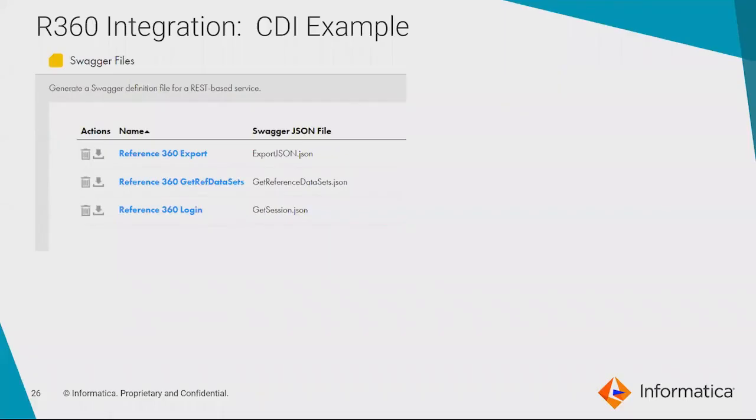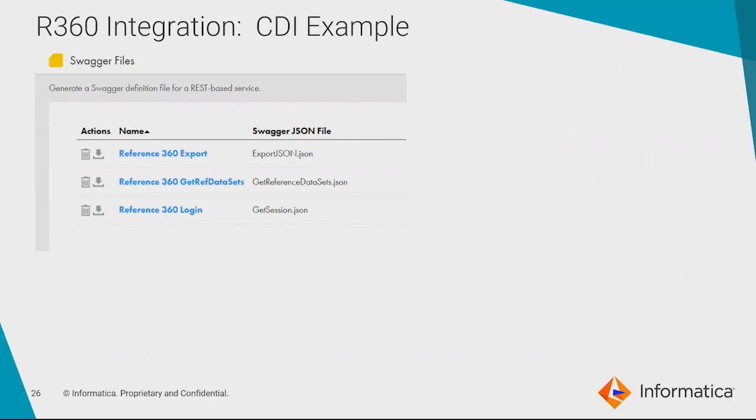Let's take a look at how you can do this with CDI. In CDI, you can create Swagger files from the admin interface that define what the request and response need to look like for each operation. One limitation we have on our Swagger file generator is that it needs to be one operation per file.